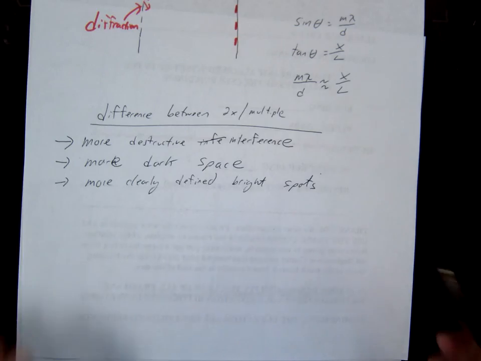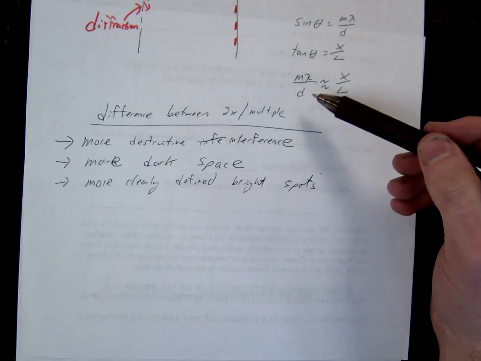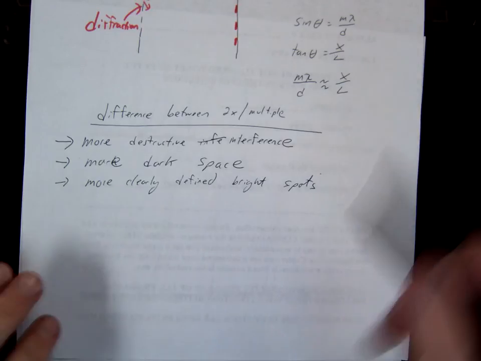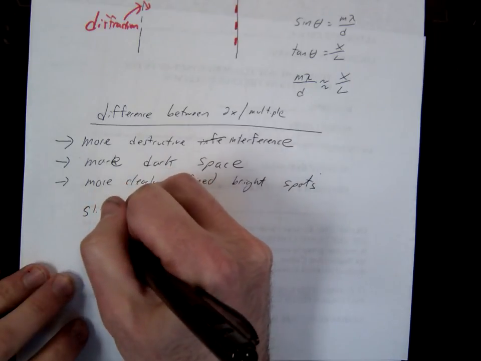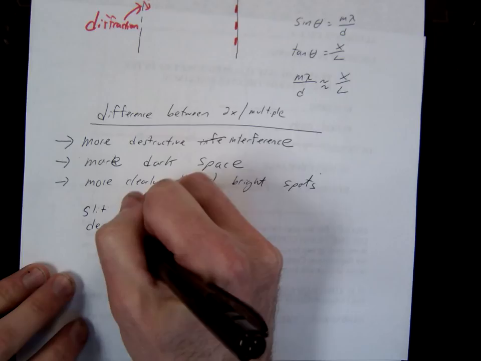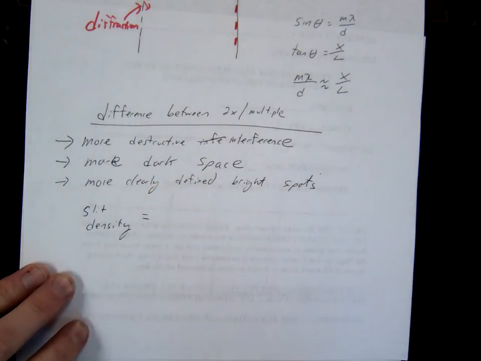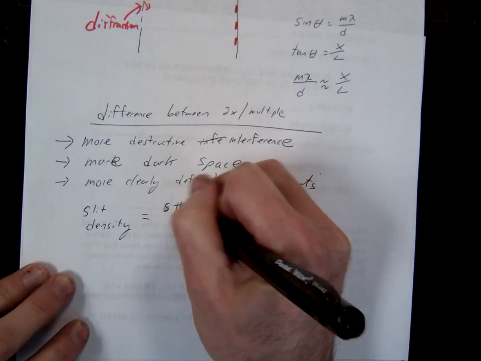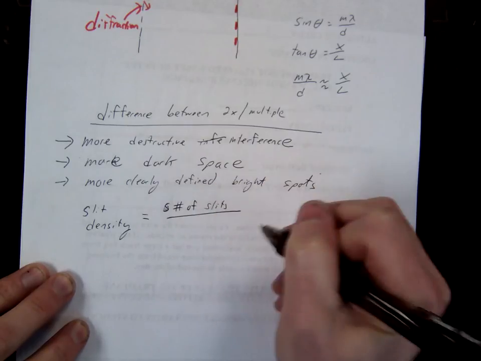So we have d here. And remember, d means what? The distance between the slits. Now they will often tell you that, but more often what they'll tell you is the slit density, which is the number of slits per meter.